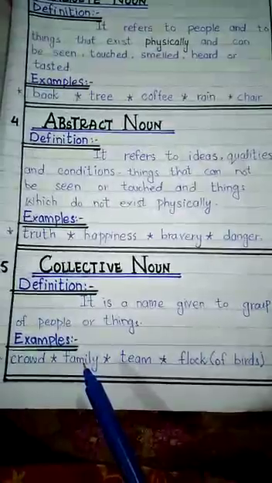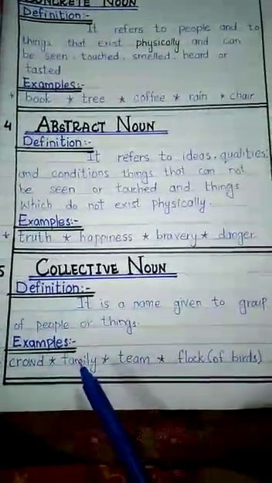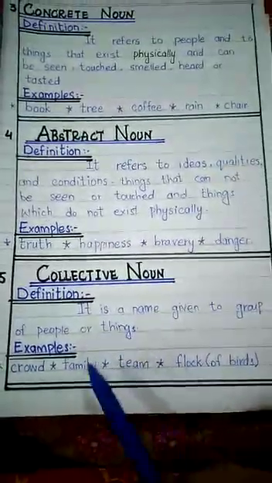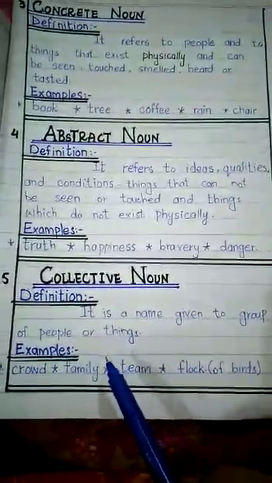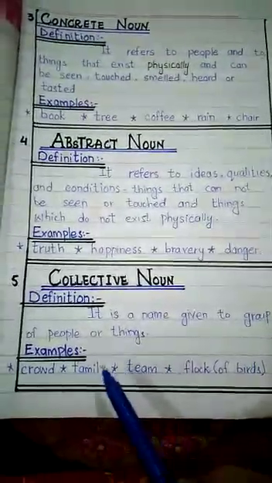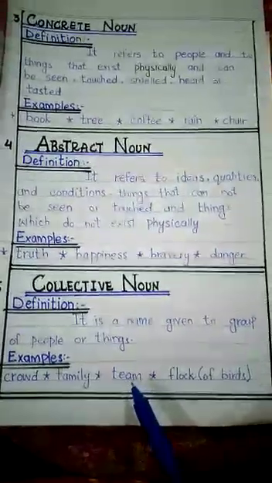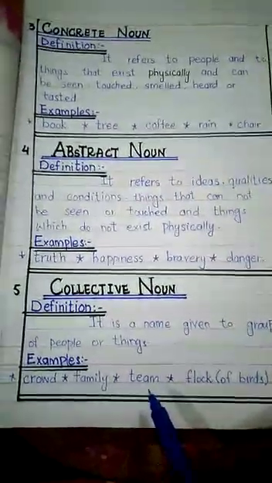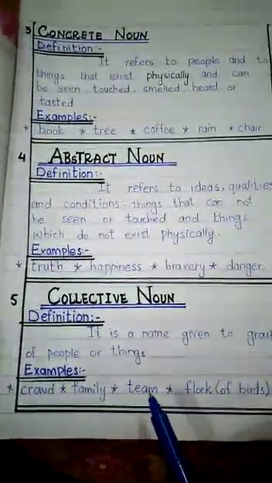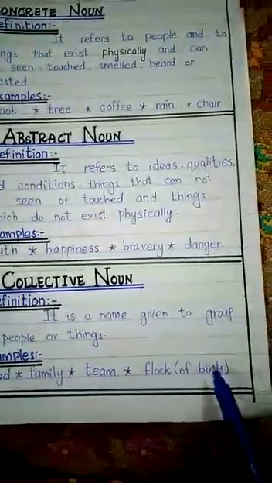Family. Now, if you hear the word family, definitely there are different members in a family. So, those different people, like 4 people and 5 people, when they become a group, that becomes a family. Team. Now if you use the word team, definitely there are different members in that team. Now flock of birds.